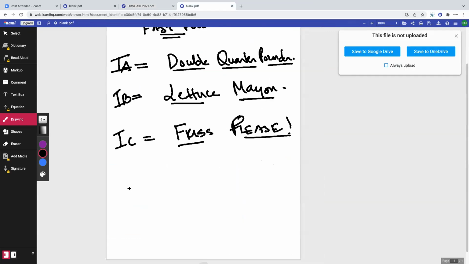Okay. So number one, double quarter pounder is your name of the drugs for class 1A. For D, we have disopyramide. For Q, we have quinidine, however you want to pronounce it.